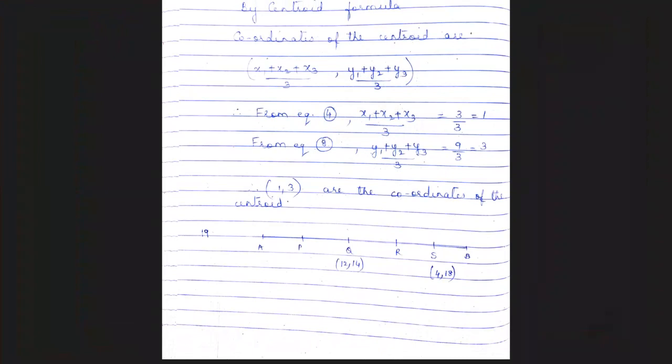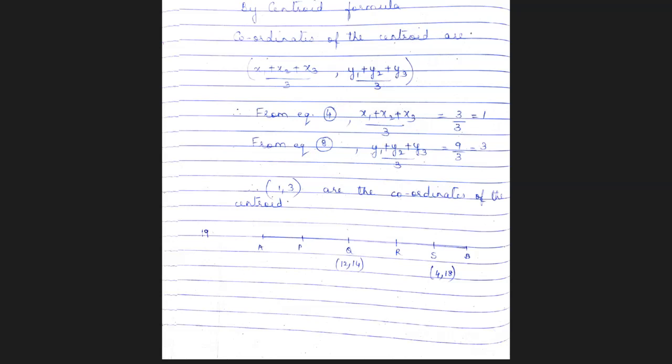Now if you look at that figure, Q is actually the midpoint of AS. A, P, Q, R, S. If I take Q as the midpoint of AS, I have Q, I have S. I can find out A using the midpoint formula. I have got A now. If I have A and Q, I can find out P. That becomes a midpoint.